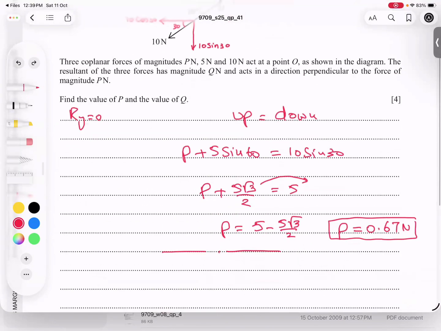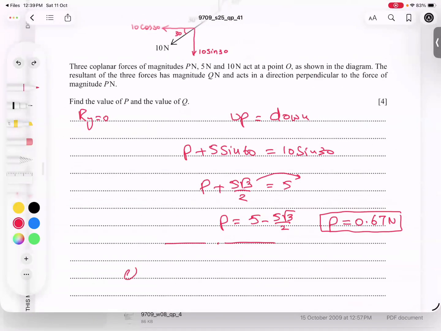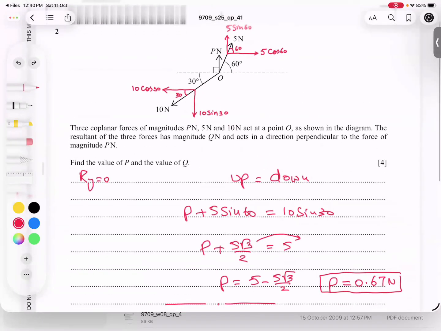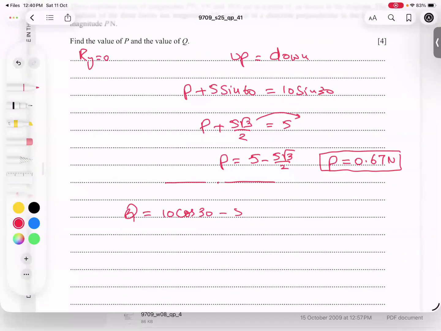So, what is the Q component? Q is basically equal to 10 cos 30 minus this other part. Why minus? Because they are acting in opposite directions. So 10 cos 30 minus 5 cos 60.